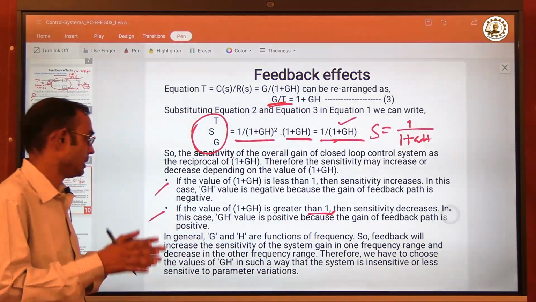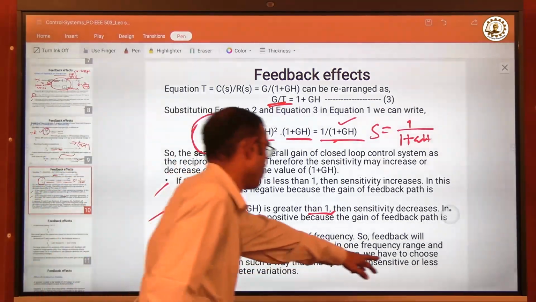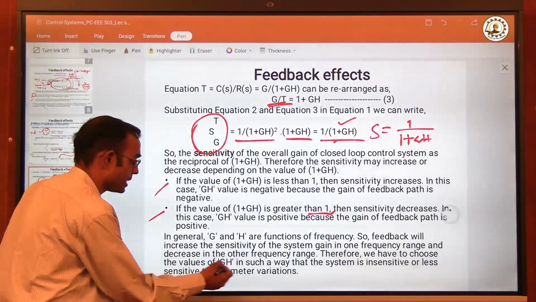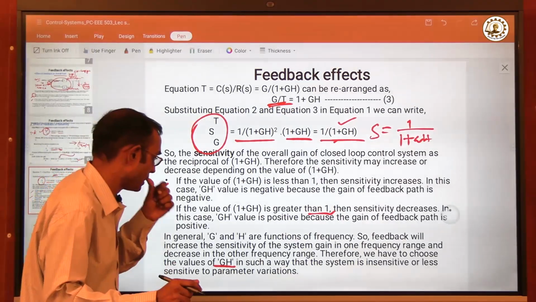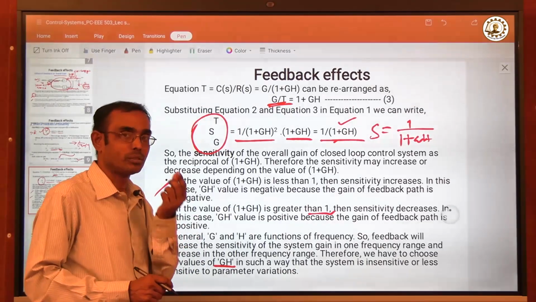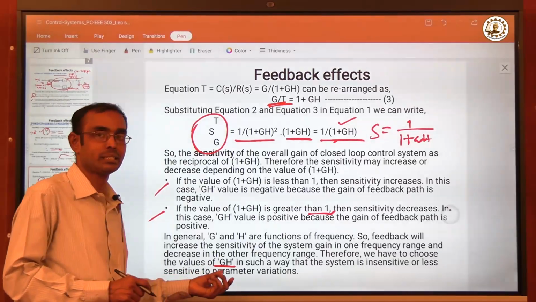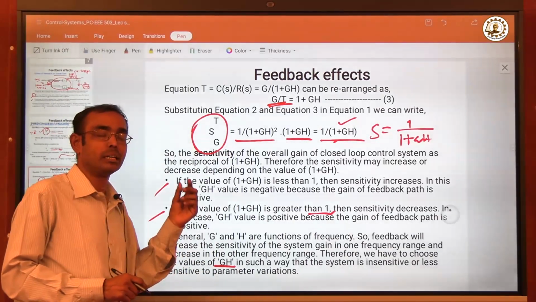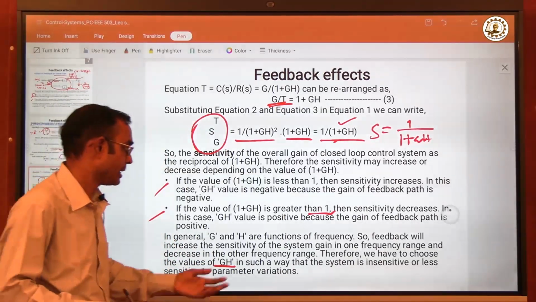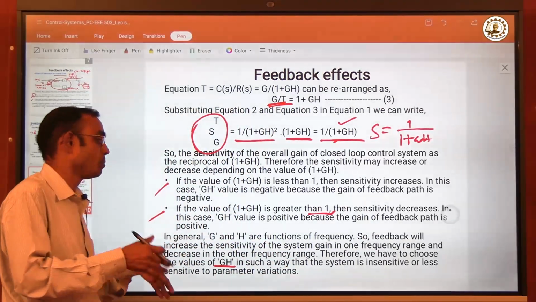So if the whole frequency range is segregated in that fashion, we have to choose the values of gh, that is the loop gain, by choosing the gain h of the feedback sensor, through which we can control the value of gh, or by selecting the particular process gain g, in such a way that the system is either insensitive or less sensitive to parameter variations.